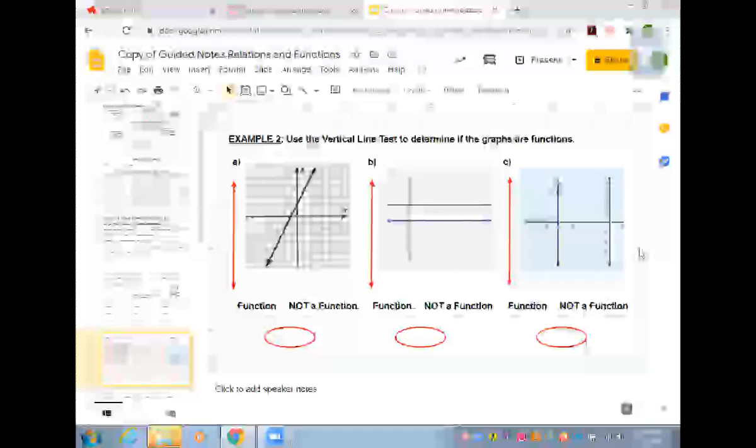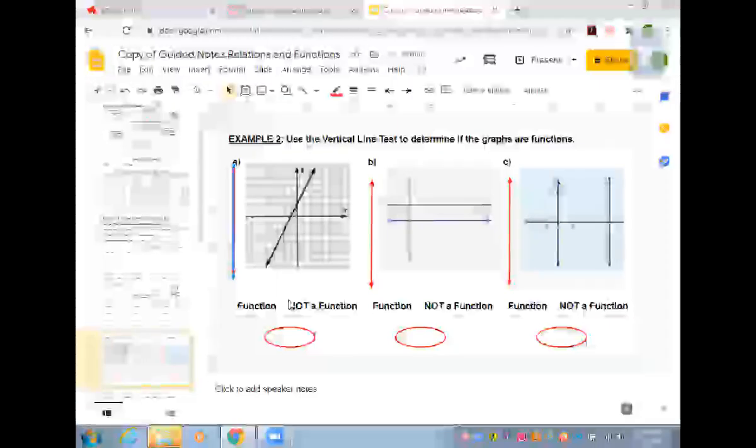So these are having us look at graphs, and looking at a graph using the vertical line test to determine is it a function or not. All right, so what I did here is I created some vertical lines for you to use. I'm going to click on it and use my arrow keys to help me move it around.